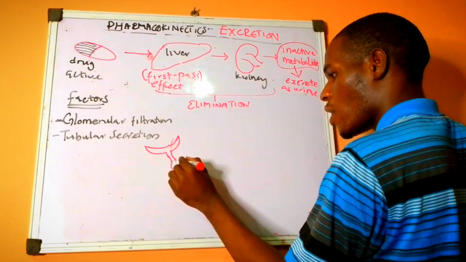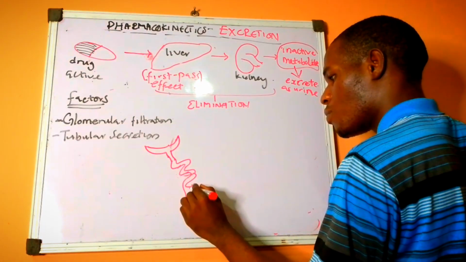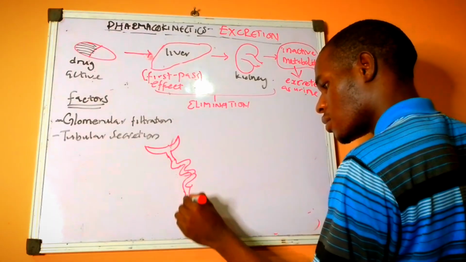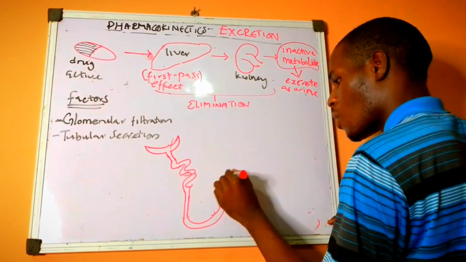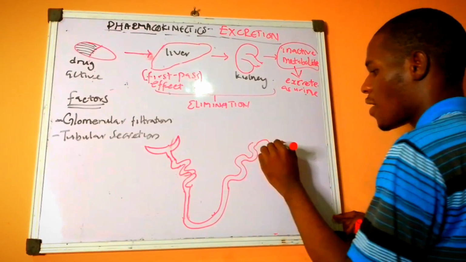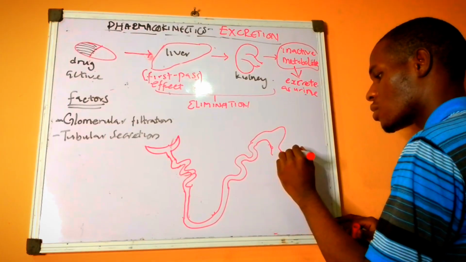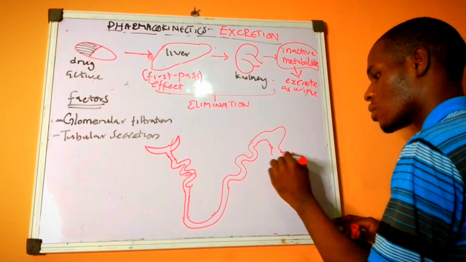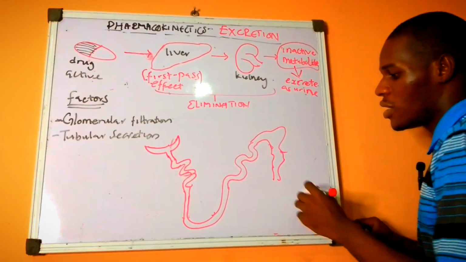This is actually a coiled tube. I have my loop of Henle, coiled tube. Then I have my collecting ducts and the pelvis, which they empty into, and stuff like that.